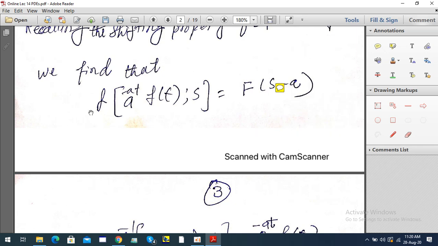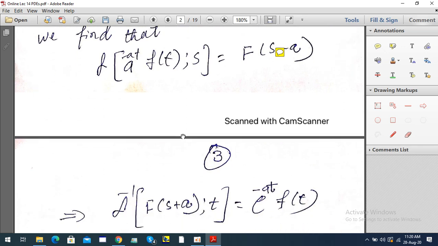So if we apply the Laplace inverse to the left hand side and also to the right hand side, the Laplace inverse and Laplace will cancel each other, and the Laplace inverse of F of s plus a is equal to e power minus at f of t.